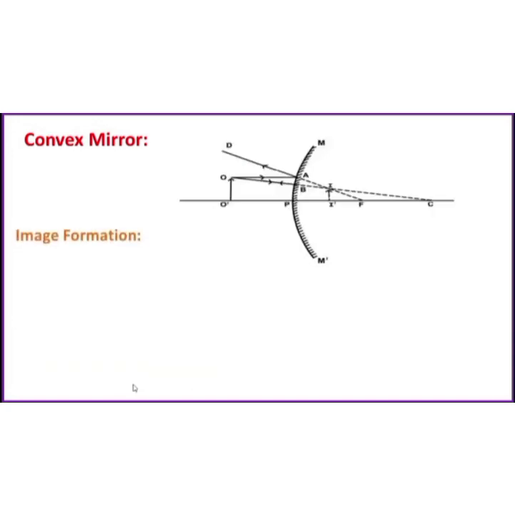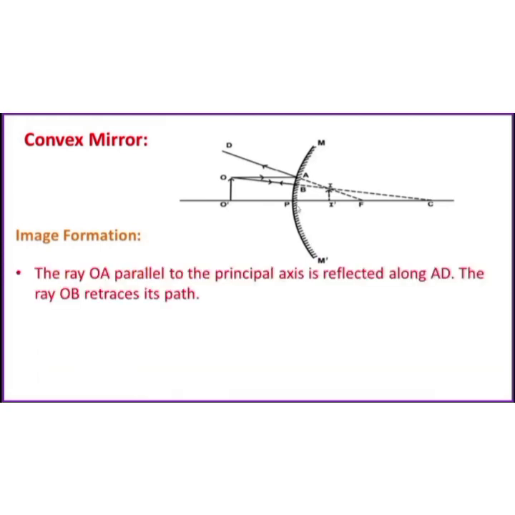Okay. See the diagram. So we know about some terms in this diagram. C: for a concave mirror we see the C on this side, but in a convex mirror the reflecting surface is outwardly curved. So the center of the particular sphere is always at that point. So C is the center of curvature, the center of the sphere from which the mirror is made. It is denoted by the letter C. Then what is P?